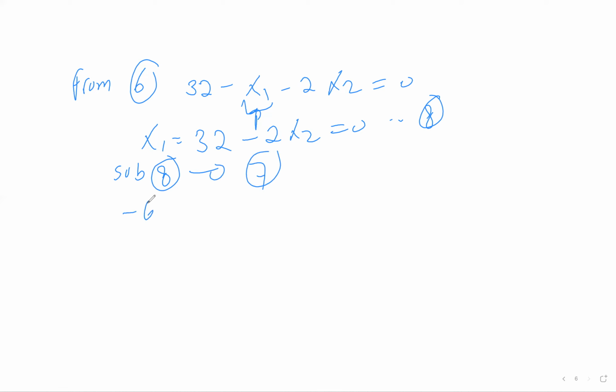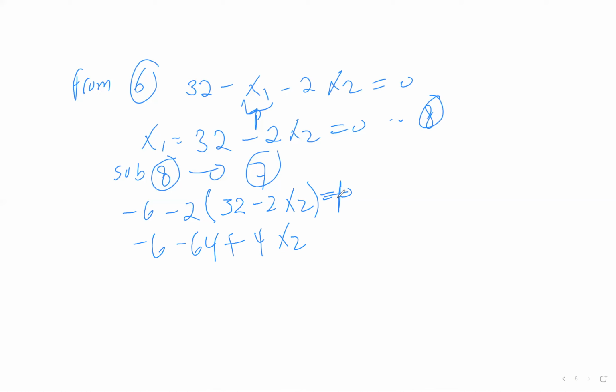So we have minus 6 and minus 2 lambda 1. For lambda 1, we substitute 32 minus 2 lambda 2. And we solve: minus 6 and then minus 64, because 2 times 32 is 64. And also minus 2 times minus 2 lambda 2 becomes plus 4 lambda 2. Actually, you know what?